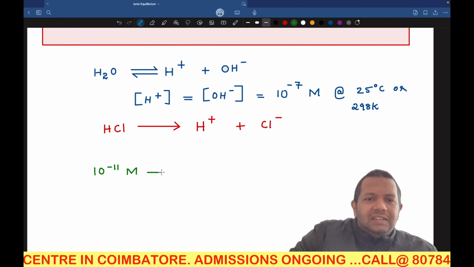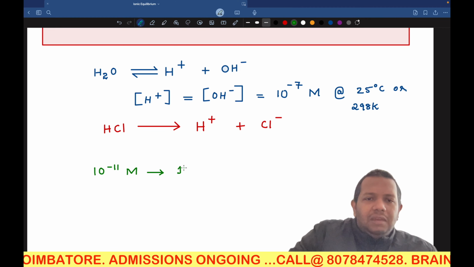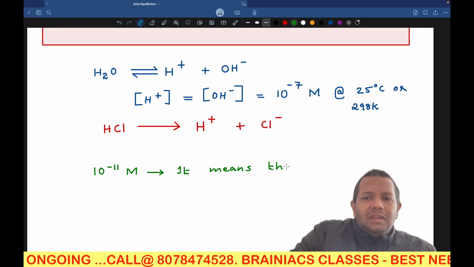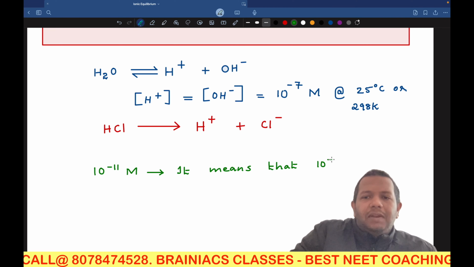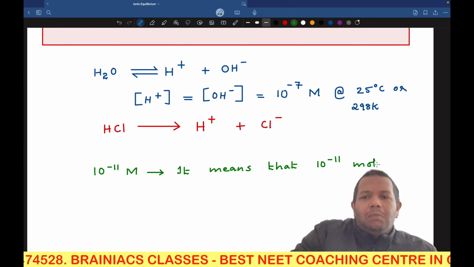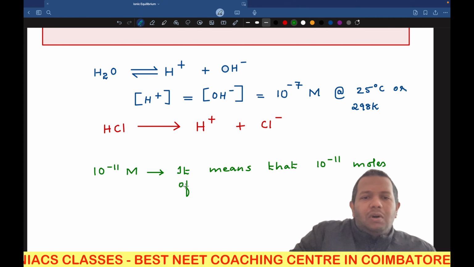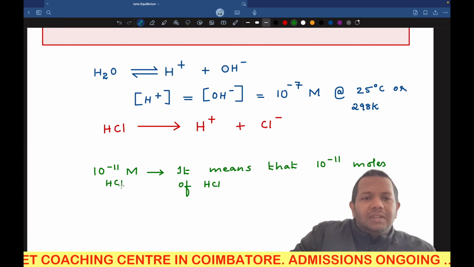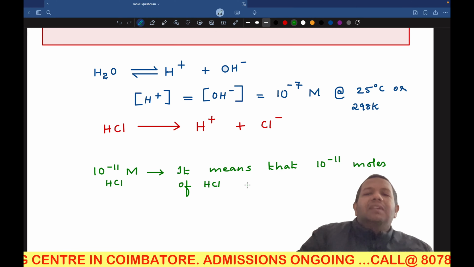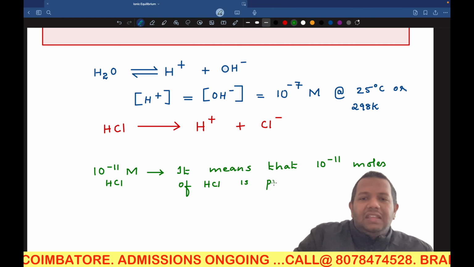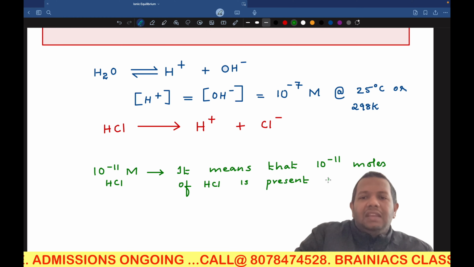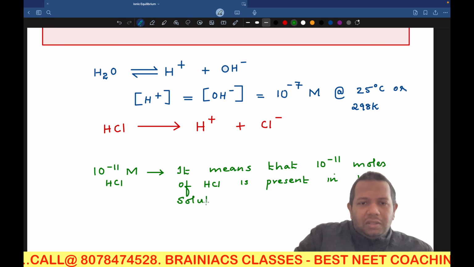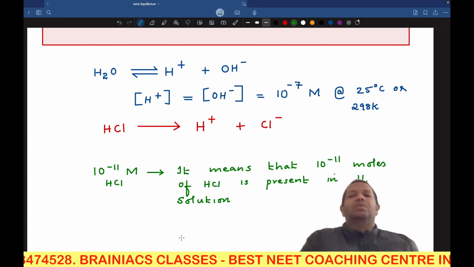It means that 10 power minus 11 moles of HCl is present in 1 liter solution, HCl and water solution, 1 liter.